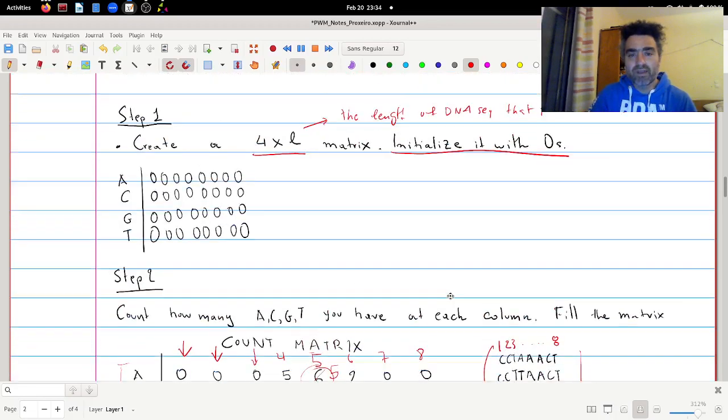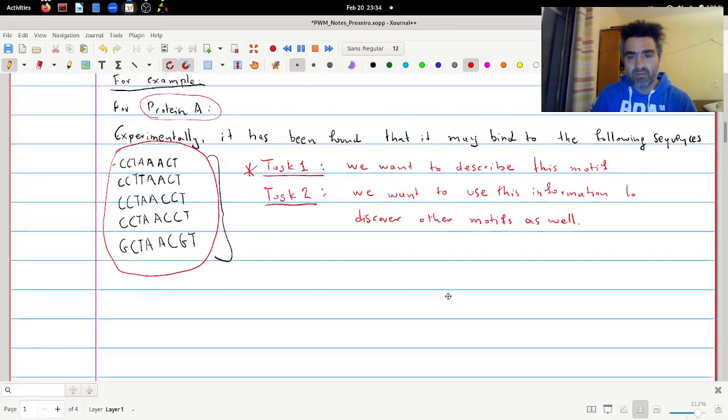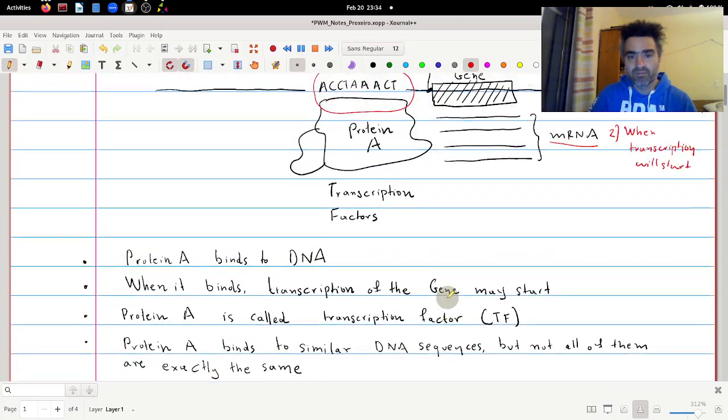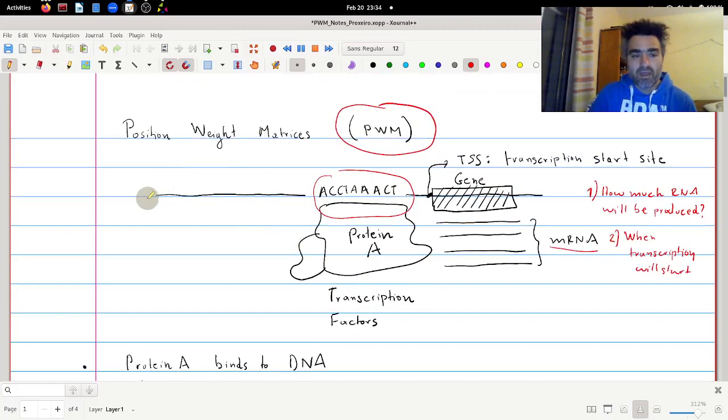But if we go to the initial DNA, and I will explain the second solution, then it might be that all this DNA does not have the frequency of A equal to the frequency of C, equal to the frequency of G, and equal to the frequency of T. The frequencies might be different.